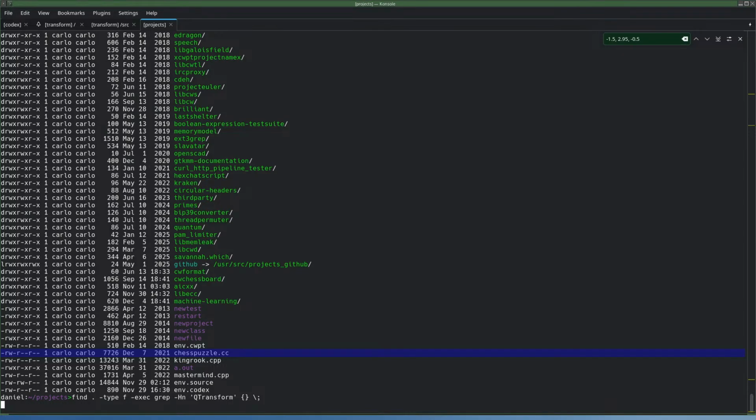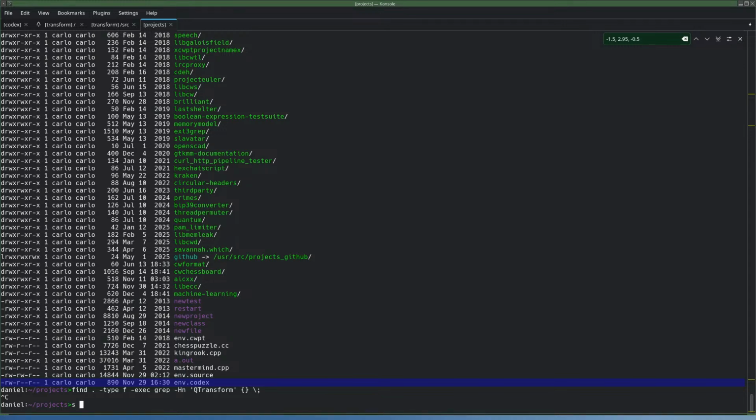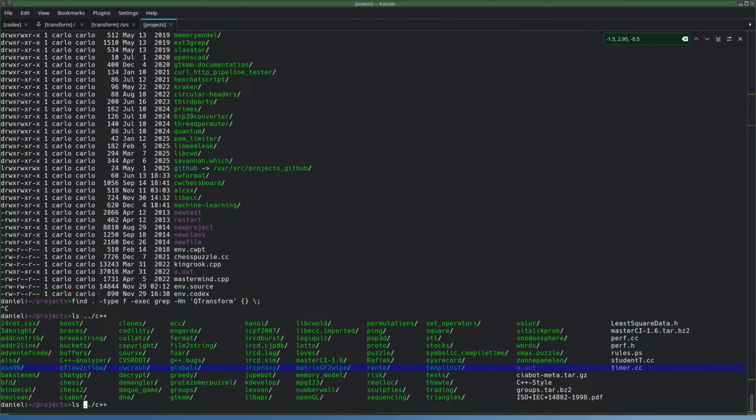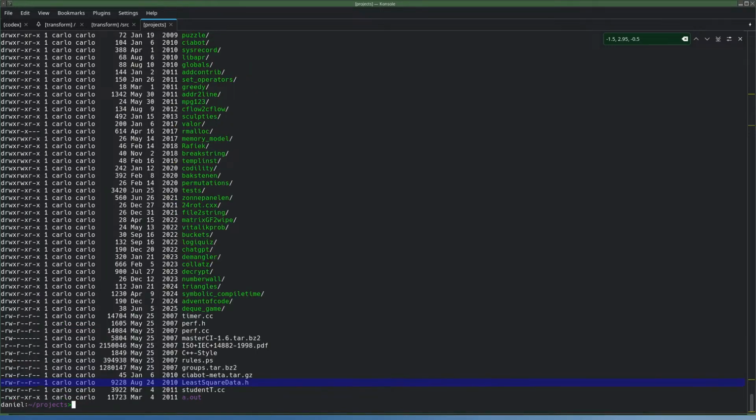Hopefully I'm writing that correctly. I don't think it's in projects. Actually, it might be in C++. Nope.